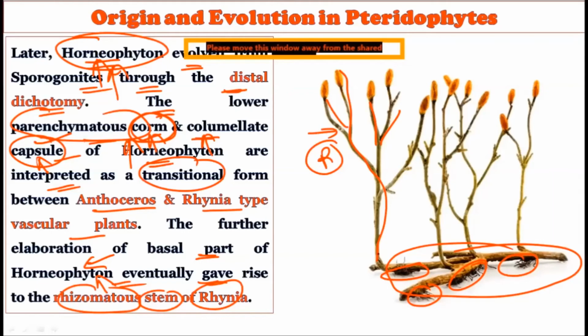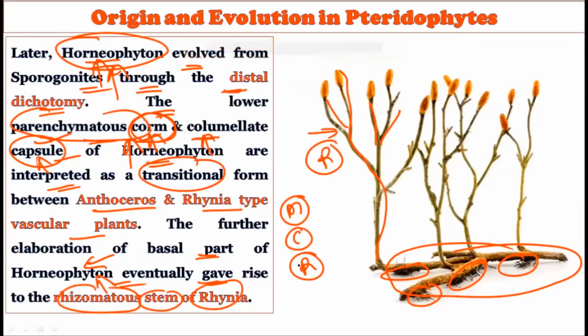To prove this, he has given the example of the shifting of the meristematic cells, then the conversion of the columella into the xylem and phloem-like structure, and the basal portion into the rhizome-like stem of Rhynia.